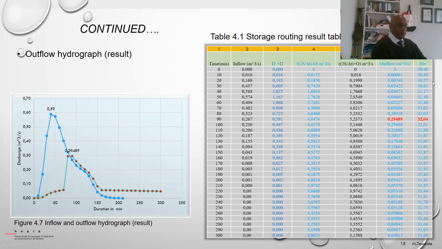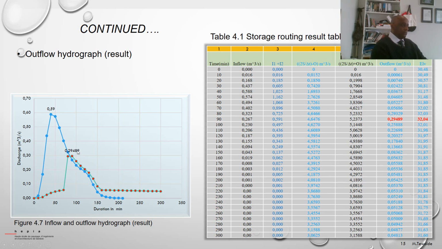This is a calculator, and this is the elevation of the water, and this one is the incoming known. This one is calculated from the storage indication curve. That is it. So now we have the outflow hydrograph.